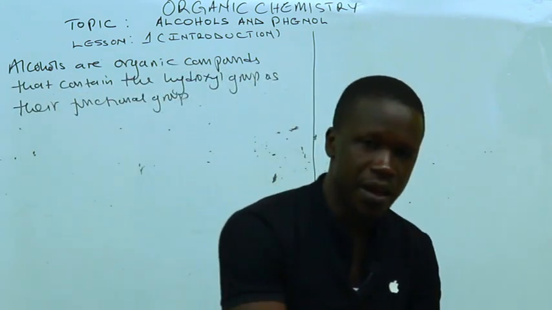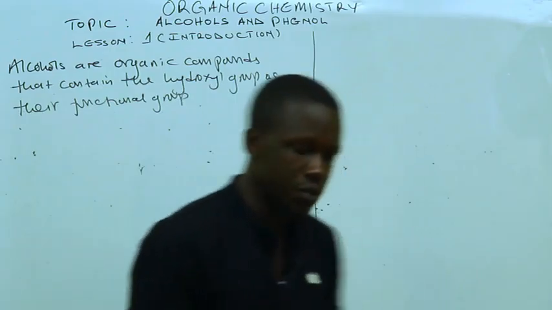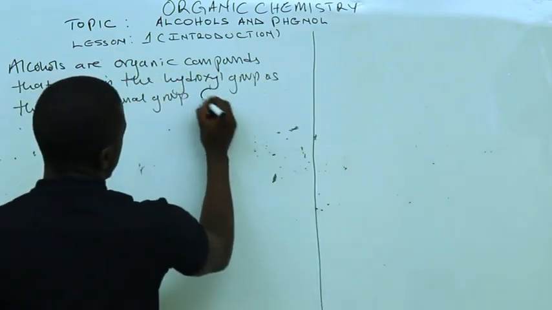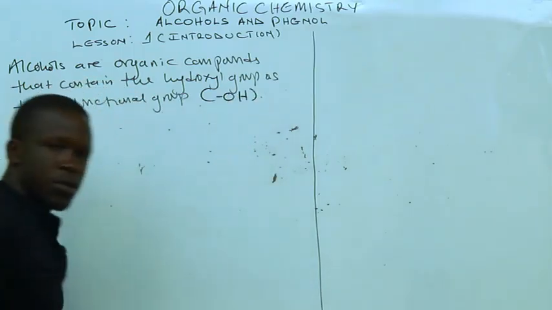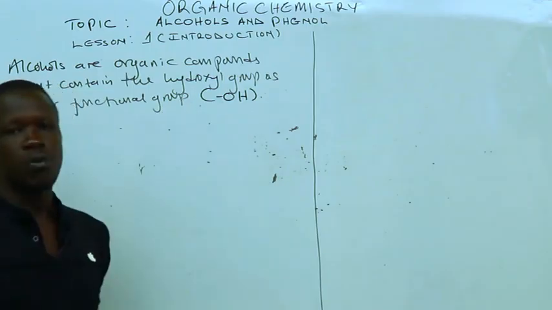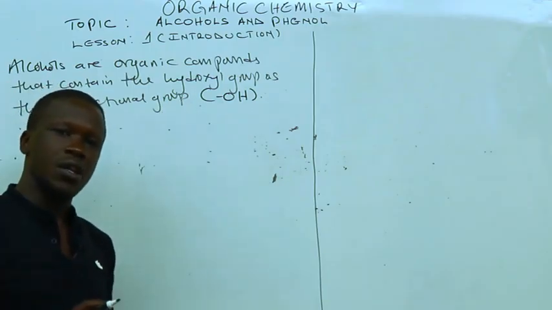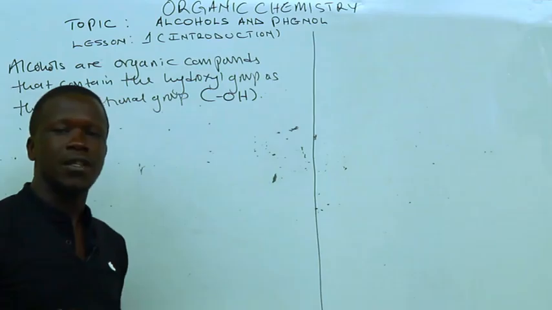What do we mean by the hydroxyl group? Hydroxyl group is the OH group. So you will see compounds with the OH group attached on the carbon chain, and that is an alcohol.